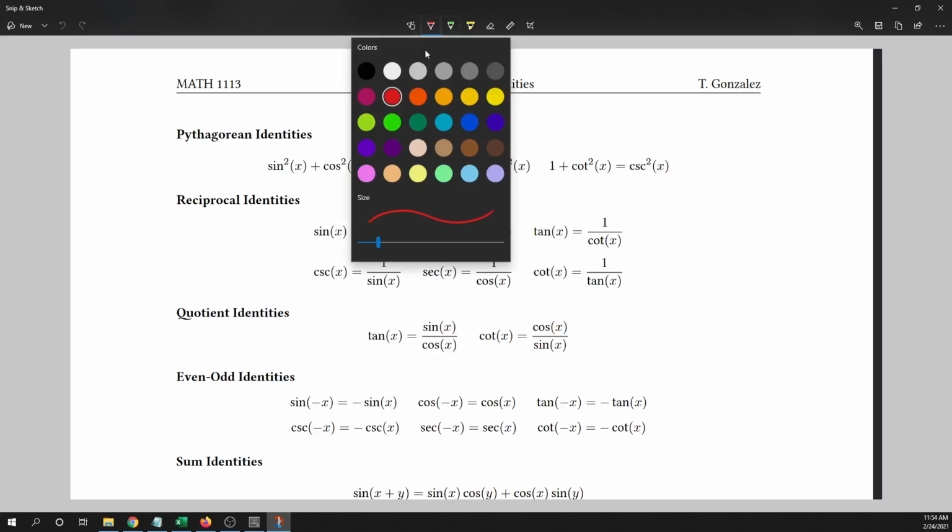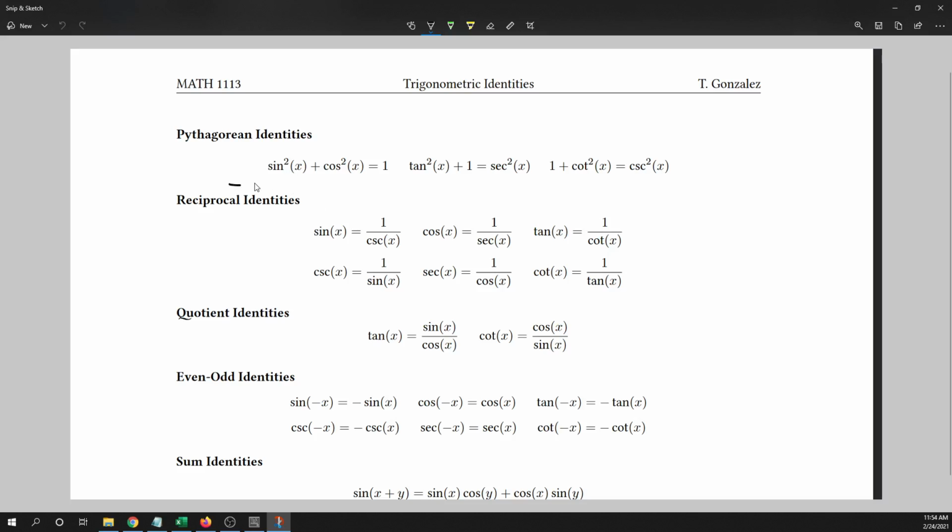If I subtract sine squared from both sides of this identity, over on the left-hand side, I would get cosine squared x. And over here, I get 1 minus sine squared x.